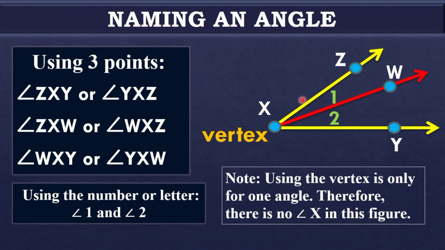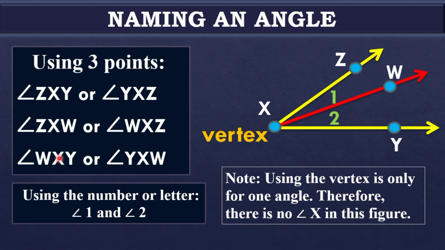Kasi pag sinabi nating angle X, alin dyan? Vertex siya ng first angle mo, vertex siya ng second angle mo, vertex din siya ng third angle. So, kung tutuusin, maraming nagmamay-ari sa kanya. Hindi lang po isa. So, hindi mo pwedeng tawagin na angle X. Okay? Kasi, pag sinabing angle X, alin dun? Lahat sila, ang vertex ay X.